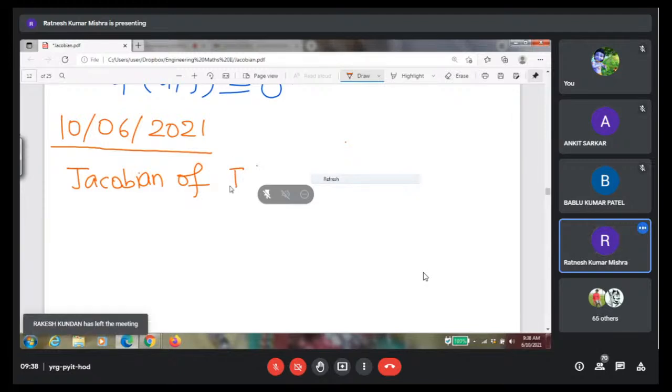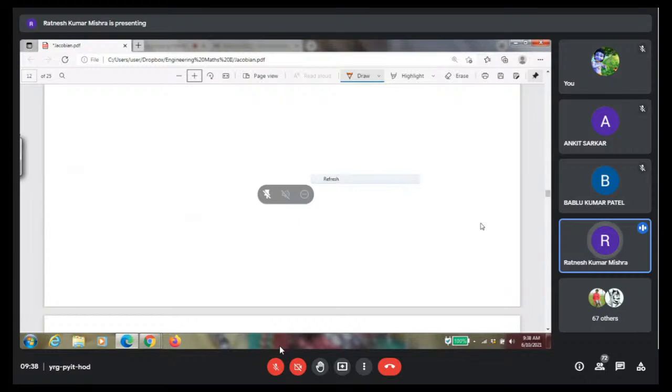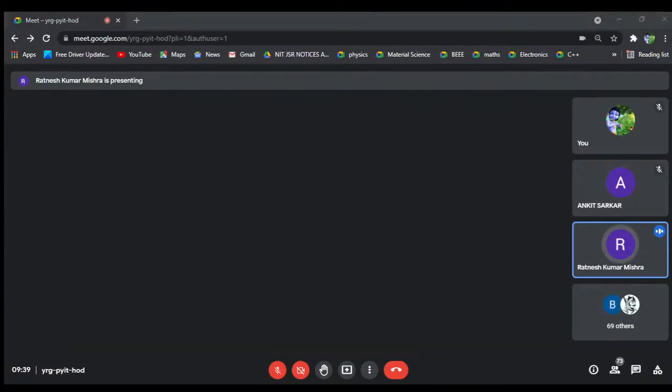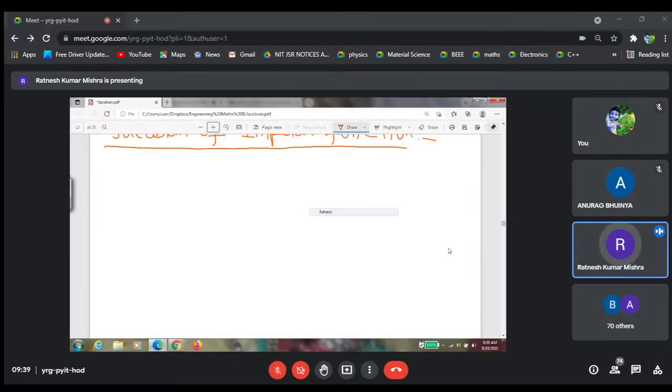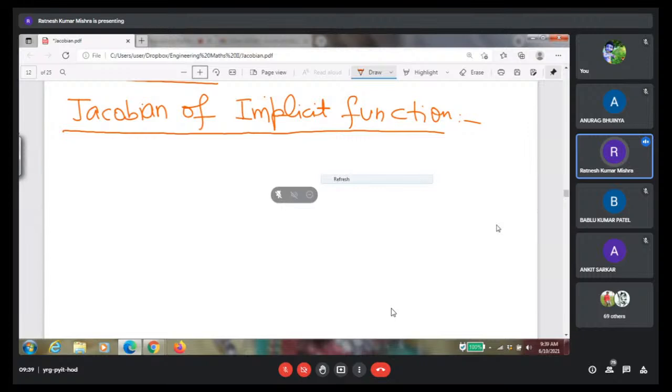Jacobian of implicit function. An explicit function means the dependent variable and independent variable we can get separately, means the independent variable is separable from the dependent variable.